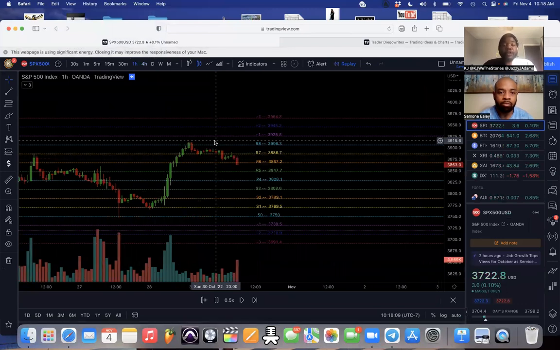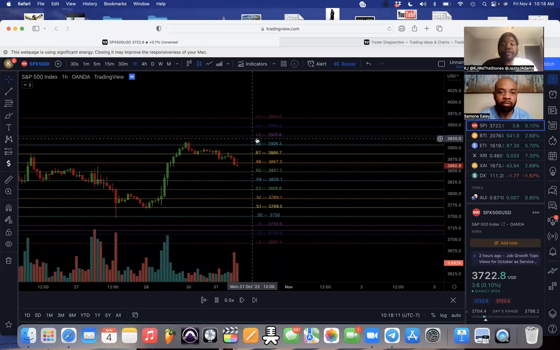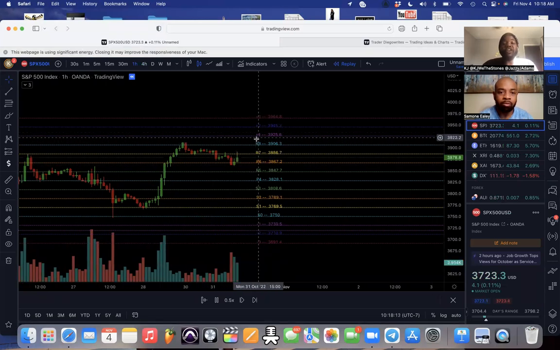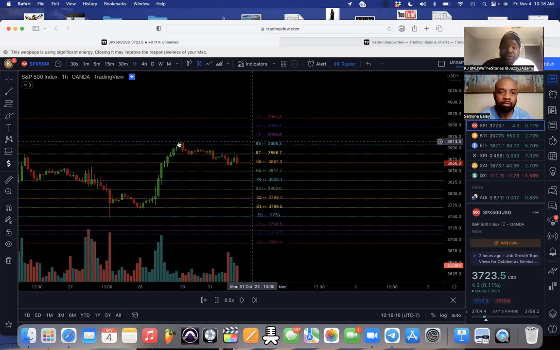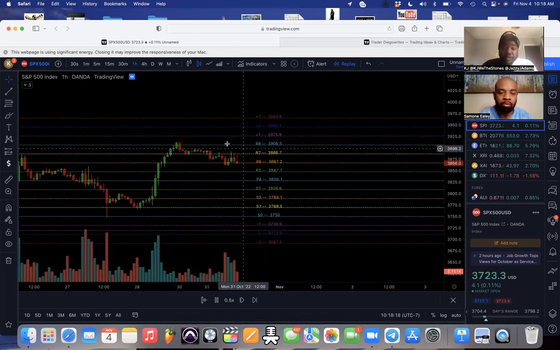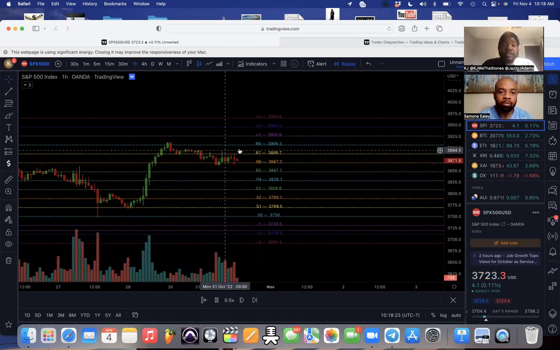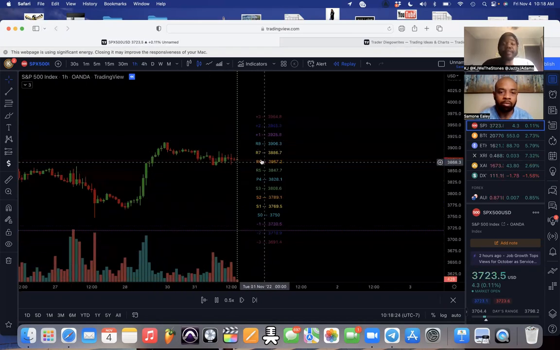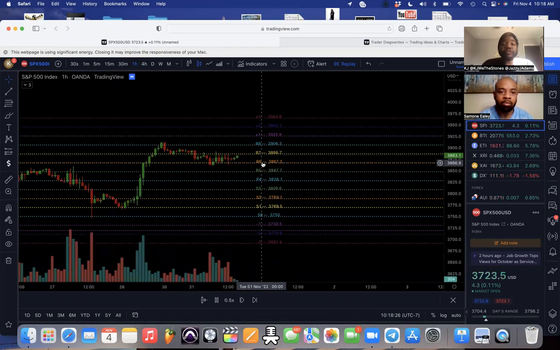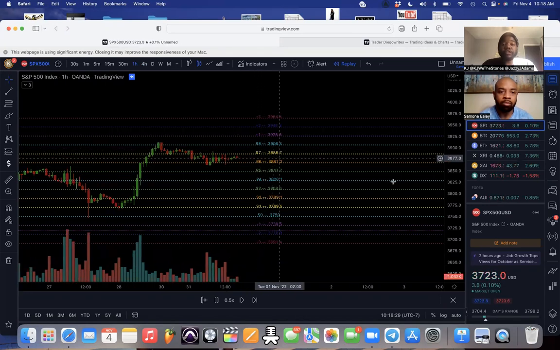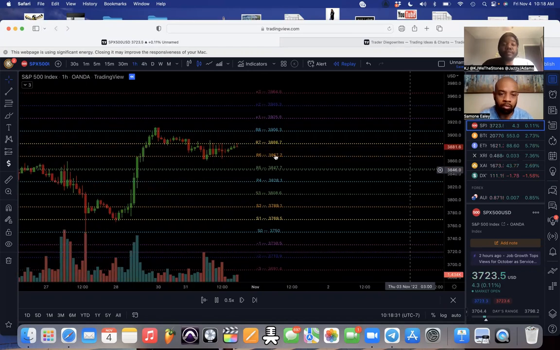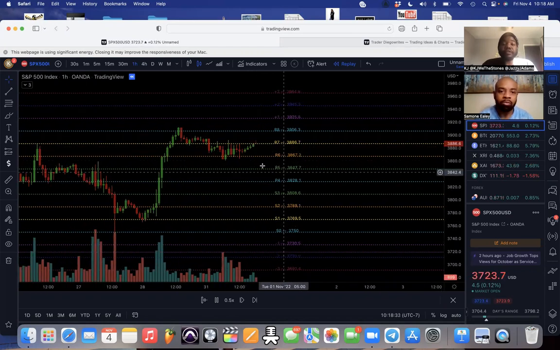Again, if you were taking market execution, you would have wanted price to come above the R8 and then rain through the R8, putting your stop loss above, and we'll talk about that in a second. We'll just watch. So we come down from the R8 to the R6. Also keep in mind that even numbered pivot levels are considered the stronger zones, okay? Even numbered ones are considered the stronger zones.